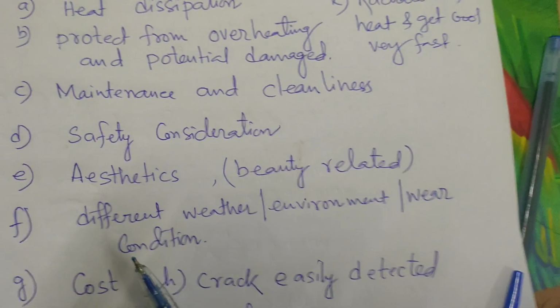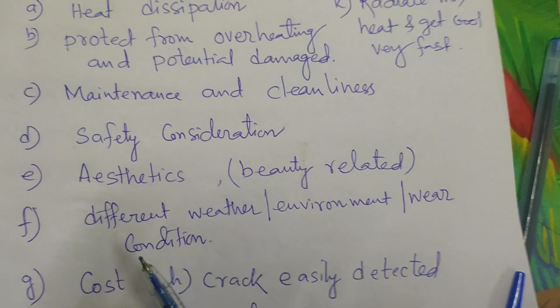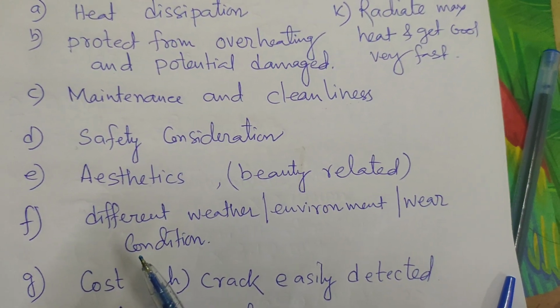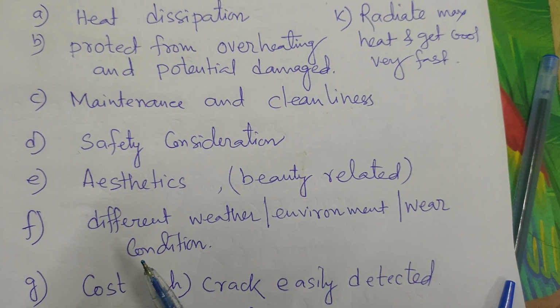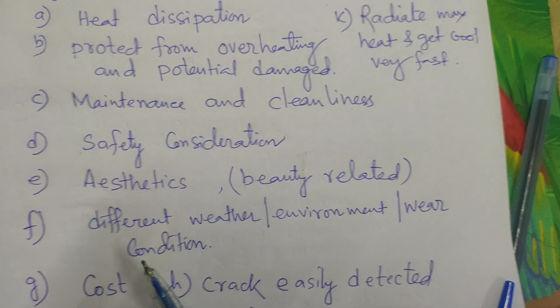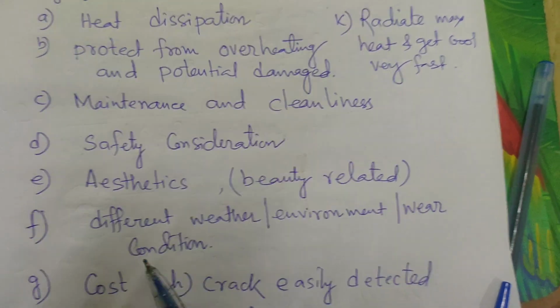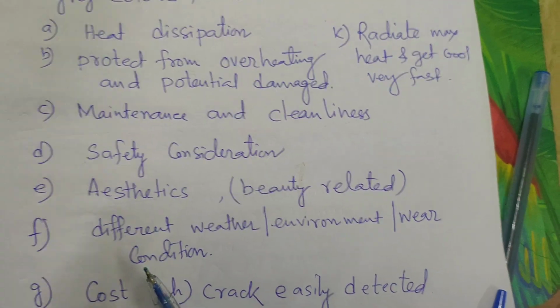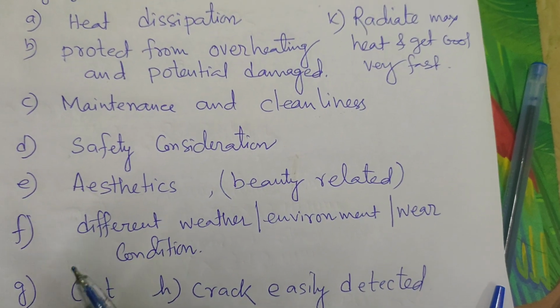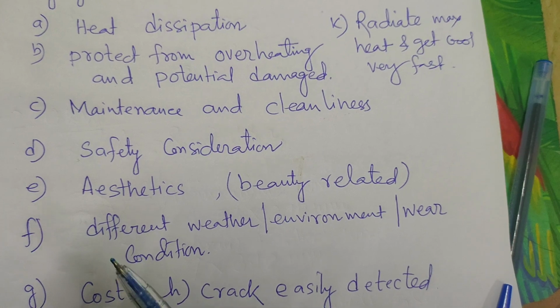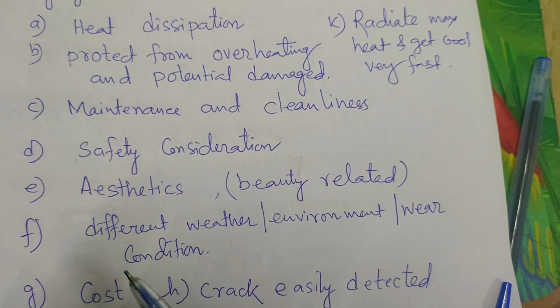If the equipment quality is very good, it should sustain different weather conditions: in winter the cold, in summer the scorching heat, and lots of weather conditions should be overcome by the equipment and also by the color.